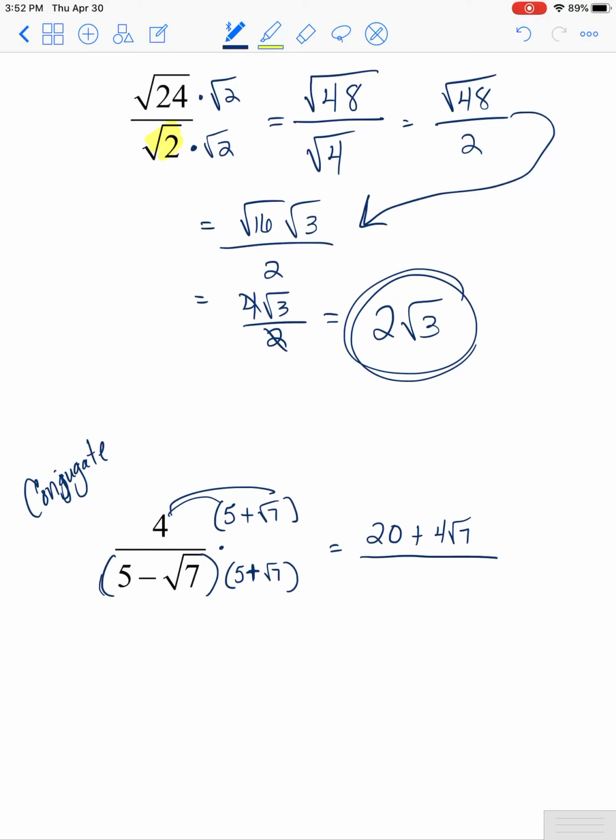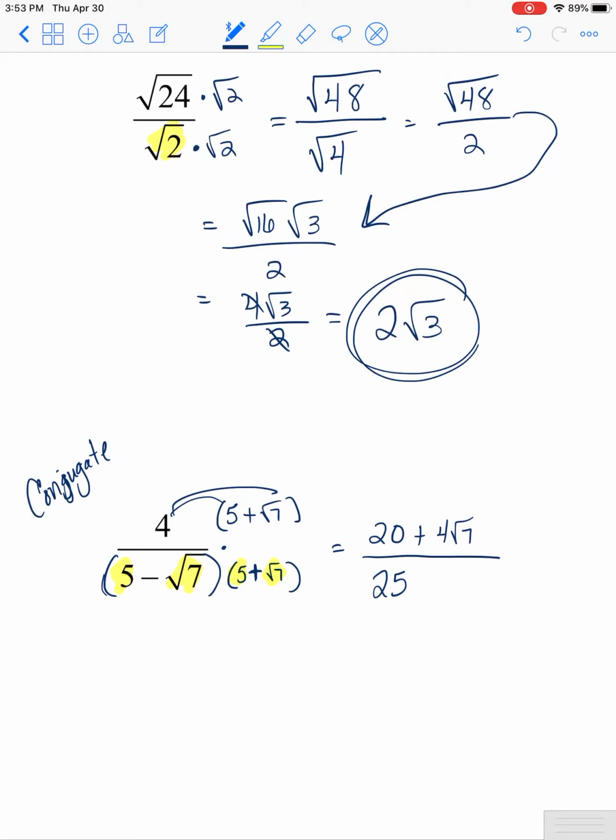Now if you need to, you can multiply this out. Here's a trick. Just multiply the first two numbers. That gets me 25. And just multiply the last two numbers, which is really square root of 49, which is really 7. You'll always have a subtraction in between.